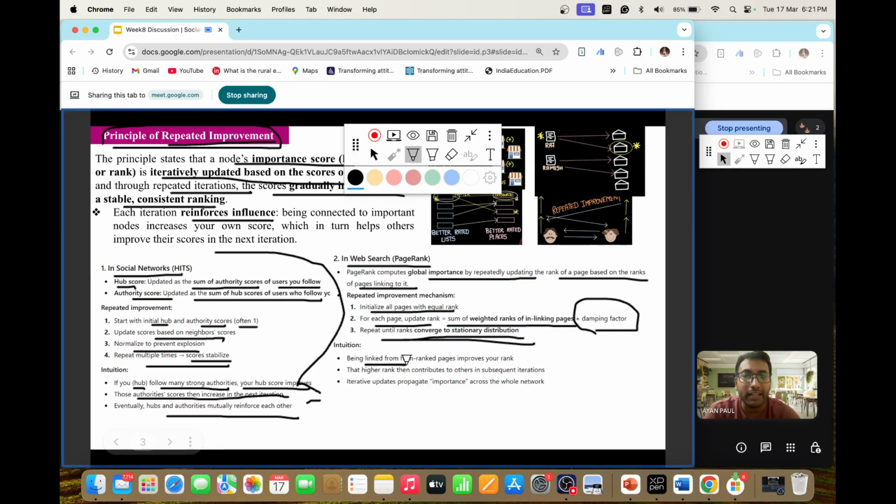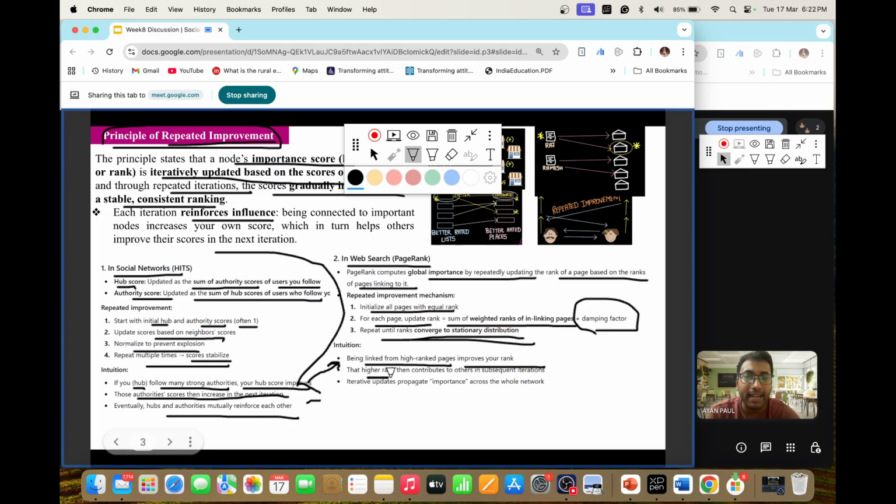So intuition here: being linked from high-ranked pages improves your rank. Similarly, you can draw the similarity from here to here. If you are a hub and you are following many strong authorities, then it improves your score. Here also, being linked from high-ranked pages improves your rank.